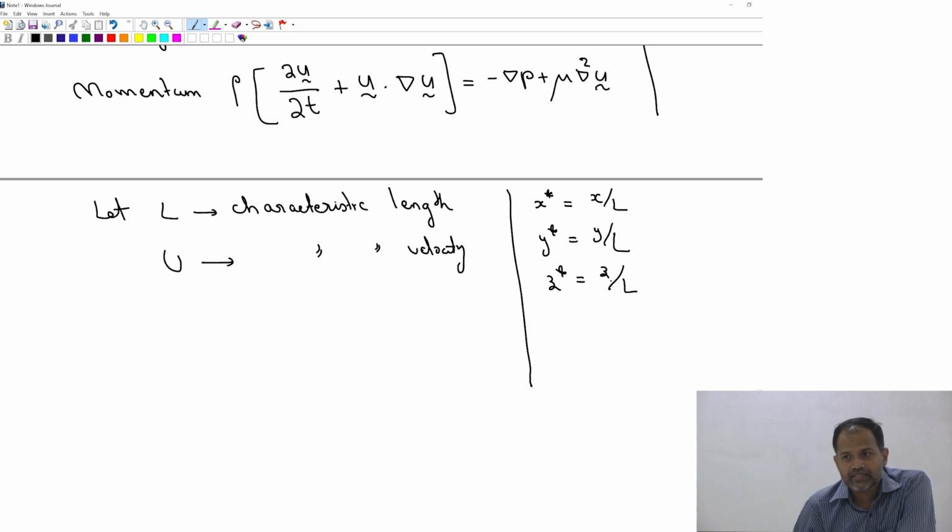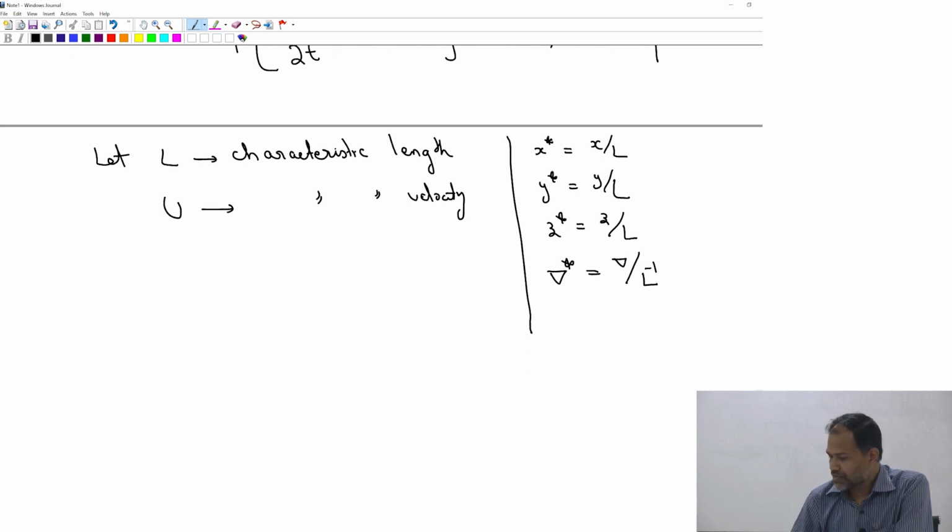Any spatial gradients, the non-dimensional form grad star, would be grad non-dimensionalized with inverse length, correct? Velocity, we have ux, uy, uz.